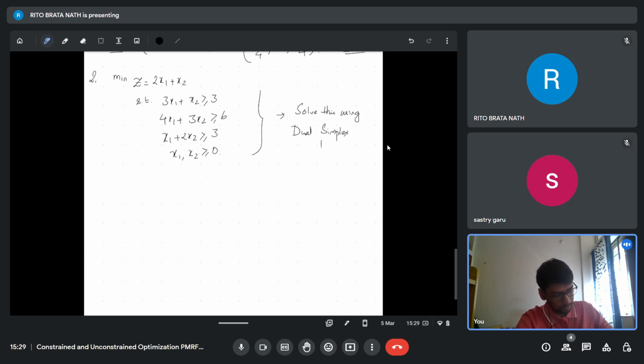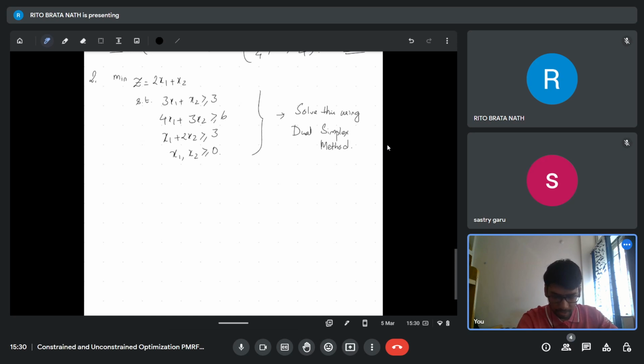So first you have to convert it into the standard form. Let me see if this problem has something which is critical. Yeah, so the min part you can convert into max, so that's fine. And the greater than or equal to type constraints, you have to convert into less than or equal to, and also you have to add the slacks.